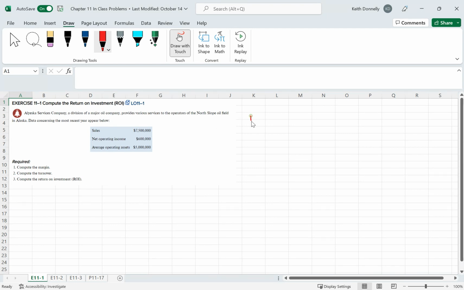Okay, so the first one, they ask, can you please compute the margin? So the margin in this case, M-A-R-G-I-N, is going to equal your net operating income divided by your sales.